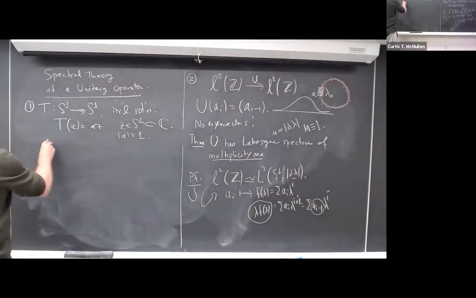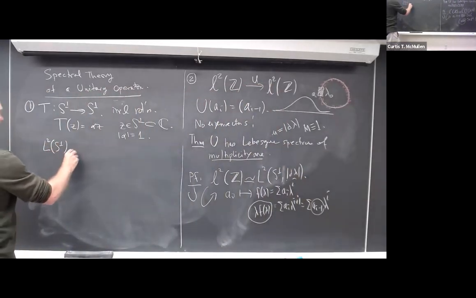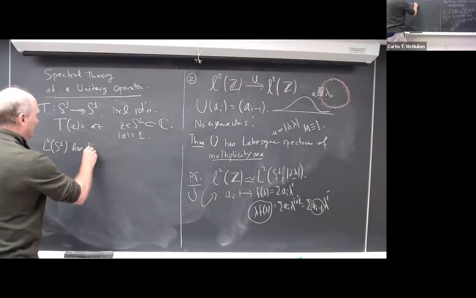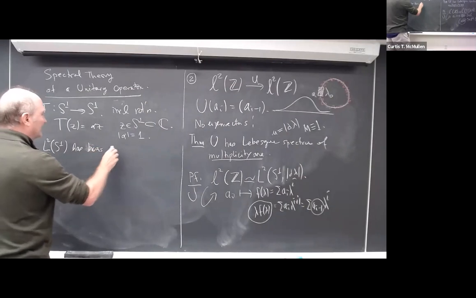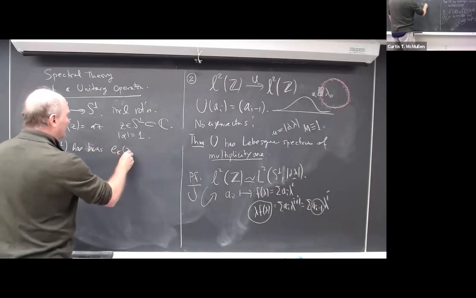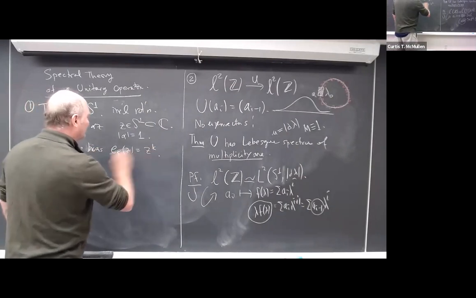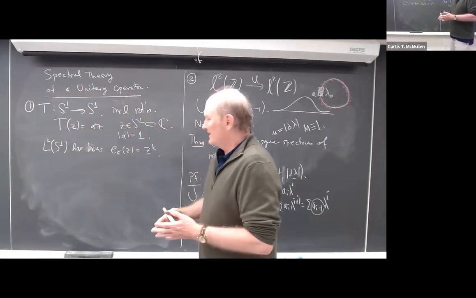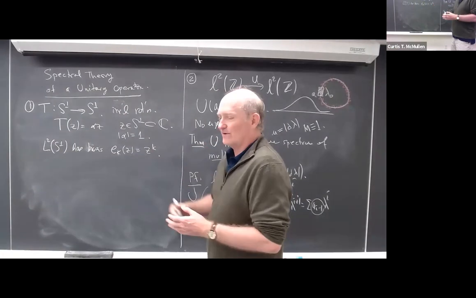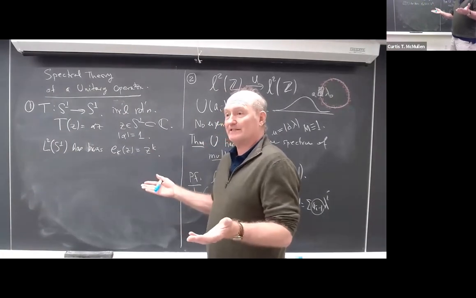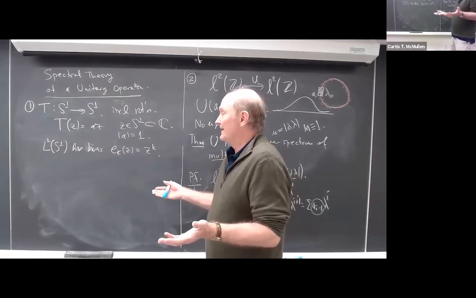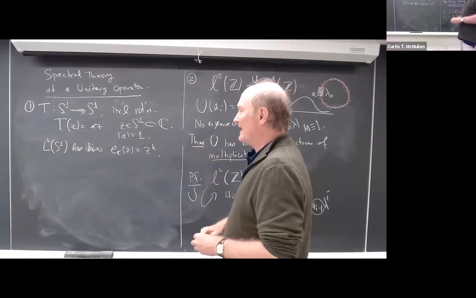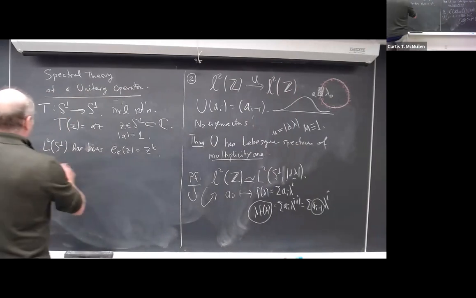We normalize so this is a probability measure, where e_k of z is just z to the k. And beautifully, this standard orthonormal basis is actually a basis of eigenfunctions for T. So T is simply diagonal with respect to the obvious basis for L2 of S1.